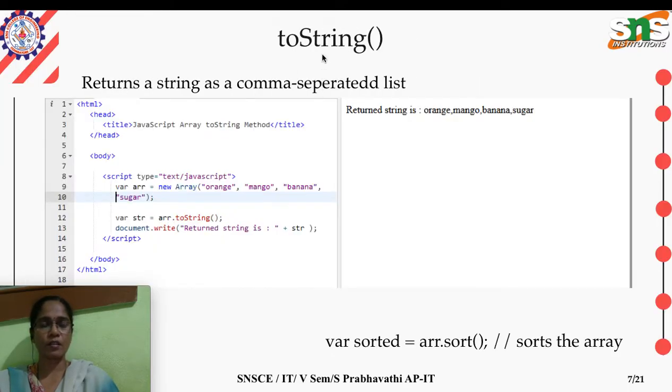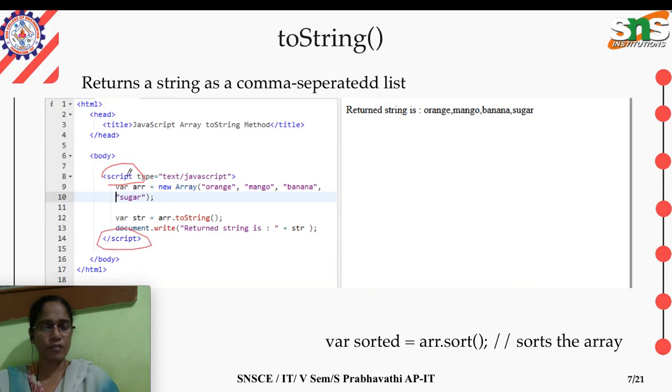So one method is toString. toString is used to convert an array into comma separated values. Okay, so take a look at this coding. We have an embedded JavaScript, not an external JavaScript file. I am saying embedded because we are using the script element to define the JavaScript code.